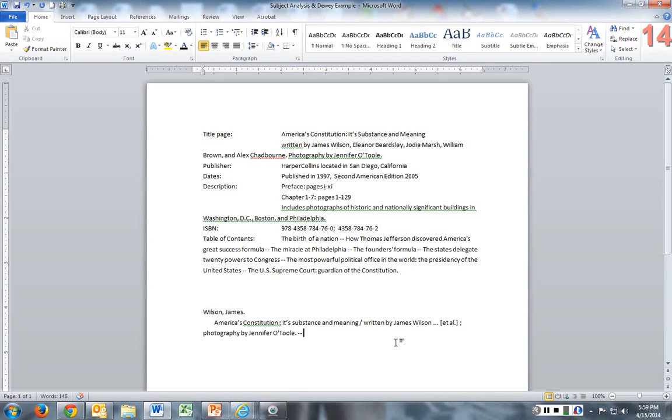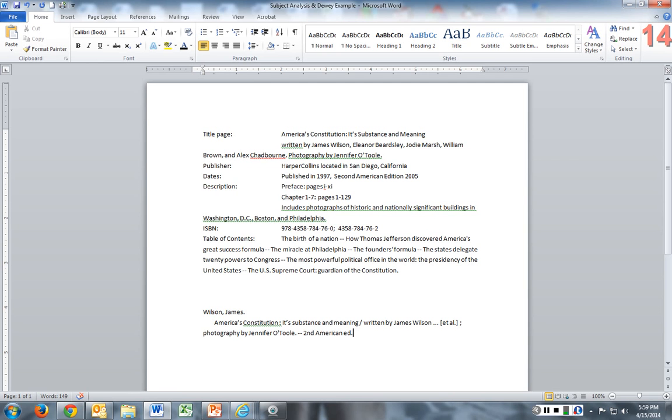But AACR2 is concerned about space issues, so we are going to change the word second to the ordinal, 2nd, and my word processing wants to automatically change this to superscript, but I'm not going to do that in cataloging. So Second American Ed., and edition is always abbreviated in AACR2. So we are taking care of the edition statement.